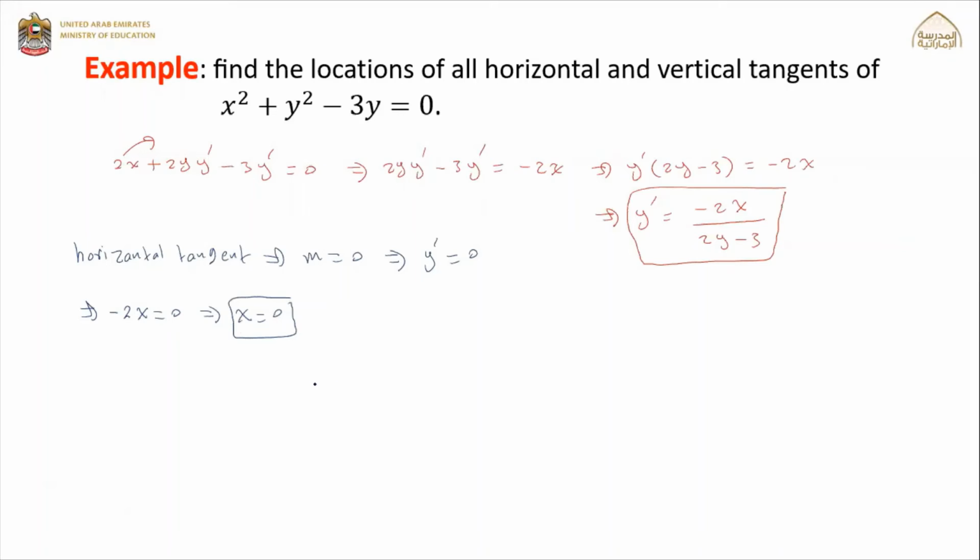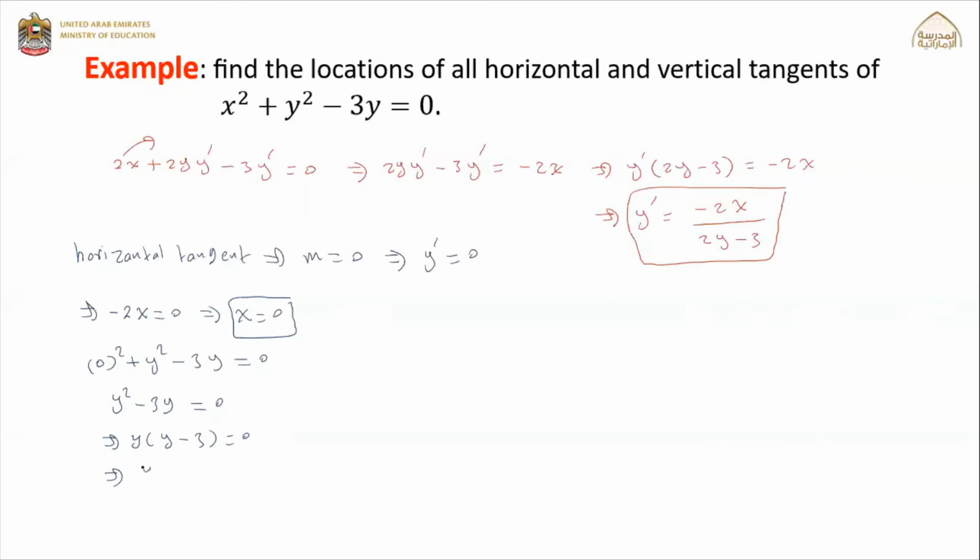If you find the value of x, you can, from the equation x squared plus y squared minus 3y equals 0, find the value of y. So here I will put 0, so 0 squared plus y squared minus 3y equals 0. That means y squared minus 3y equals 0. If I solve this equation, I can take y as a common factor, so y times (y minus 3) equals 0.